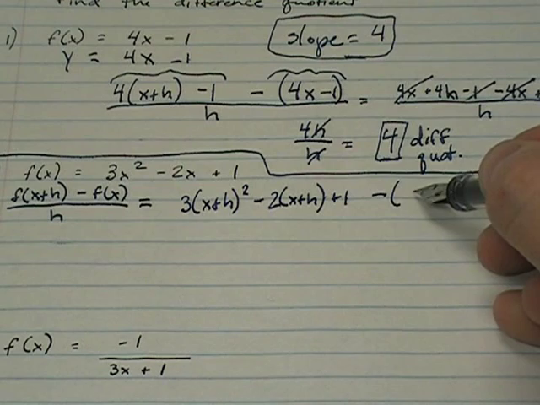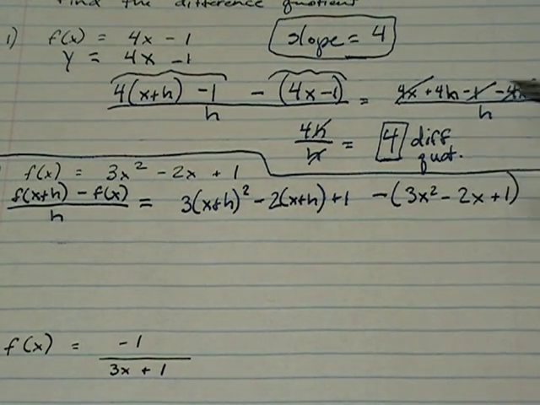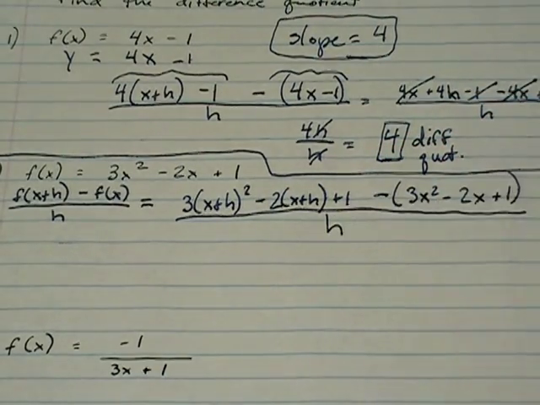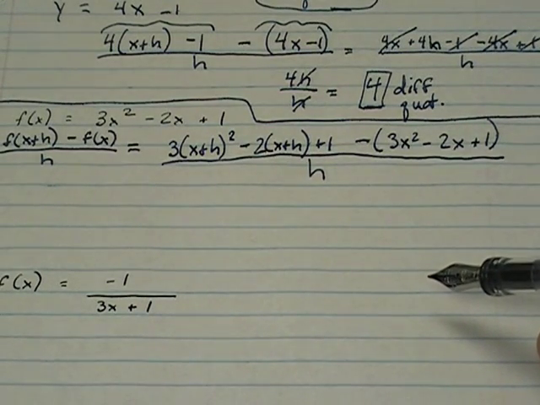Minus f of x. What is f of x? 3x squared minus 2x plus 1. And that's all going to go over h. Now, I'm going to save you some heartache and some trouble here.